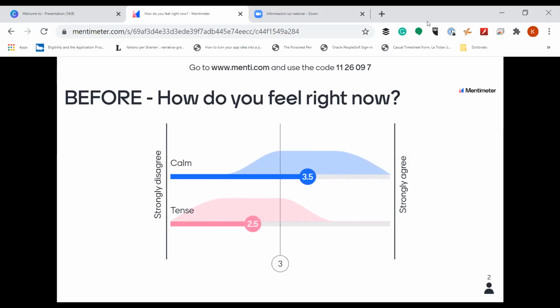Wow, that's pretty good. Okay, I can see a few numbers coming in, and you probably see that with me as well. All right, there's some tension there, but quite a lot of people are getting into the calm area, which is very, very pleasant to see.